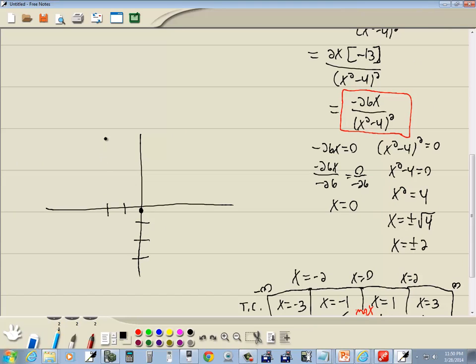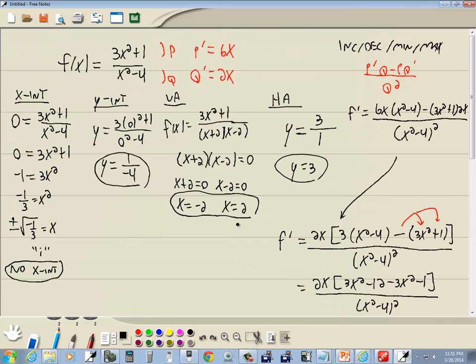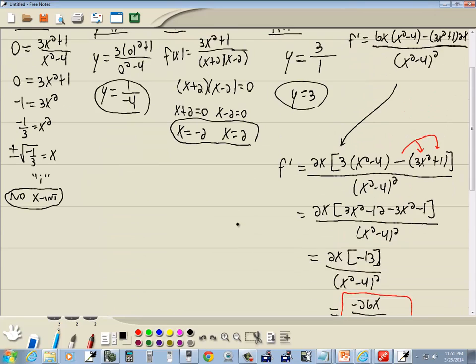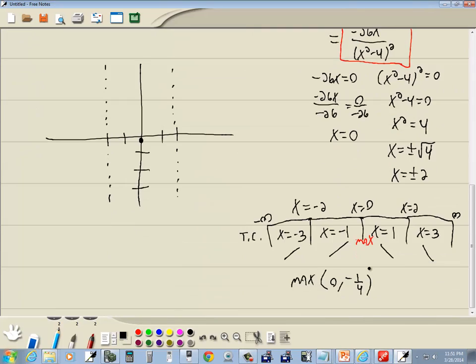So I'll come down here to negative 2 and put my vertical asymptote. And I'll come to positive 2 and put my vertical asymptote. Now horizontal asymptote is y is equal to 3.